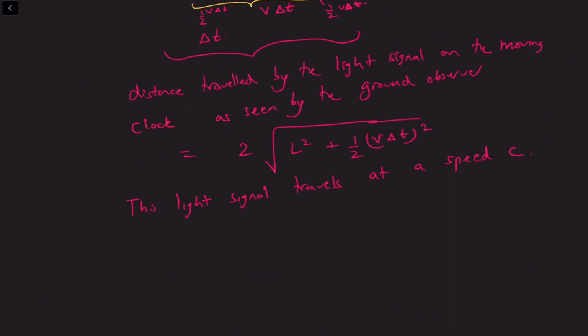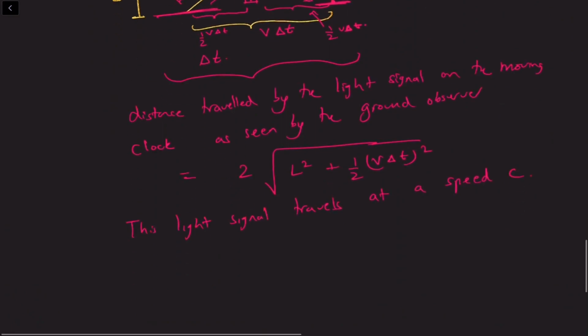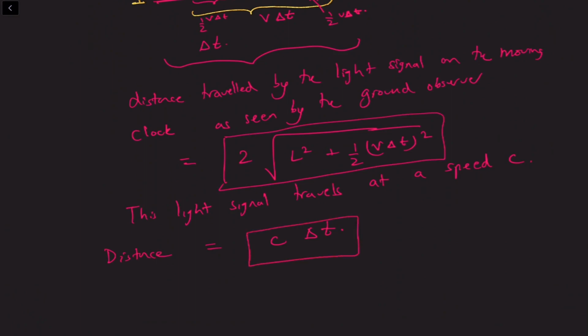So another way to express the distance that the light beam travels is c times delta t. That is, this expression for the distance should be exactly the same as this expression for the distance.